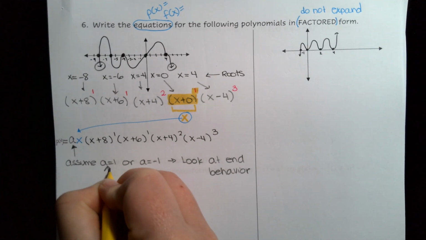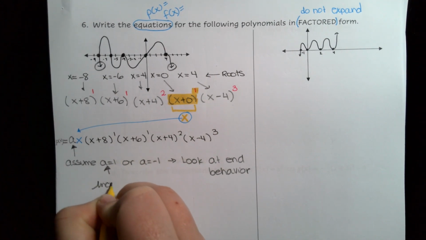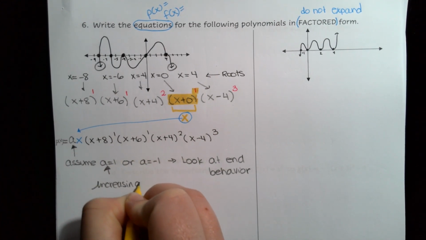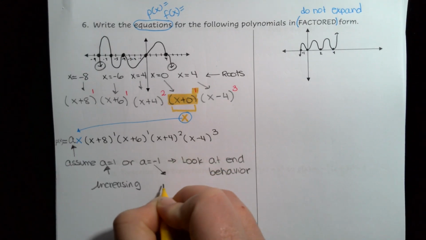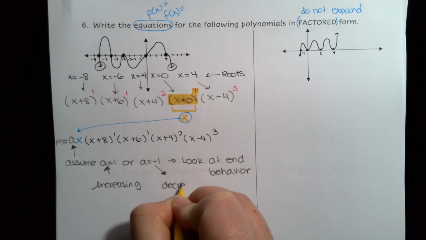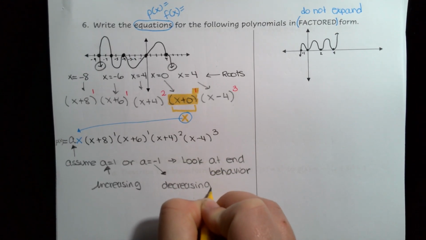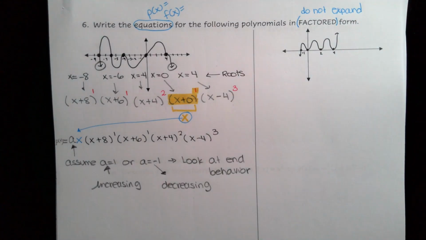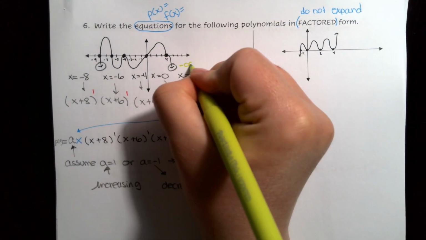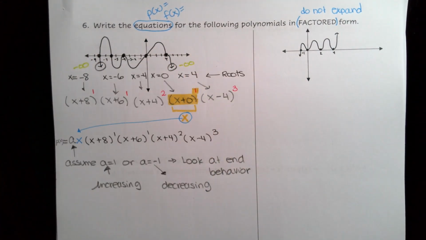If a is 1, that means we have an increasing function. If a is -1, we have a decreasing function. Since we are going down to -infinity and down to -infinity, that means we have an even function that is decreasing.